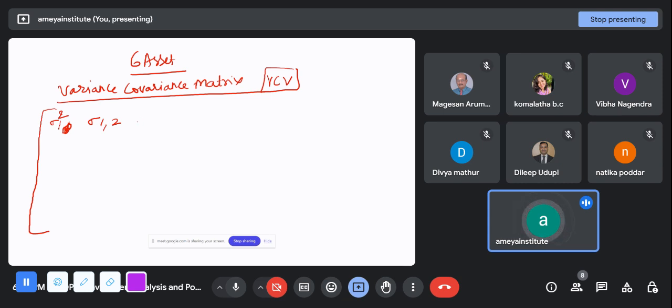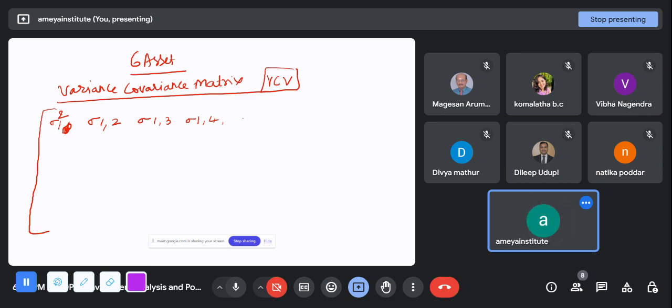Next, what can be the third one here? The standard deviation of 1 comma 3: 1 with 1, 1 with 2, 1 with 3. What can be the next combination we can make in the covariance matrix here? 1 comma 4.